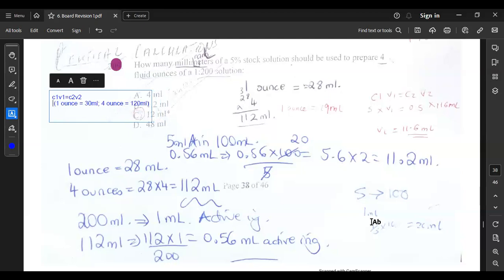It will be 0.5 grams. Is that okay? Yeah. So you'll multiply 0.5 times 120 divided by 5. So you get 12 ml.